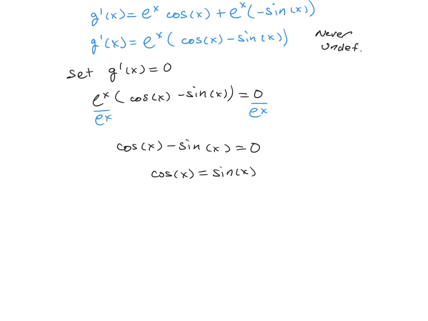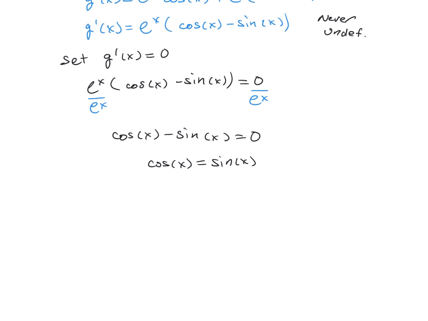Now, in trig, they usually teach you to square both sides of this, and that's what we're going to do. So that's going to be the cosine squared of x is equal to the sine squared of x. And then we could swap out one trig function with the other. So let's swap out the sine squared with the Pythagorean identity 1 minus cosine squared.